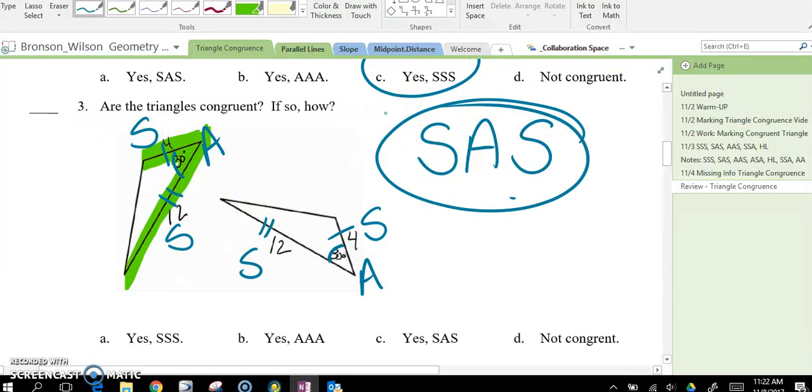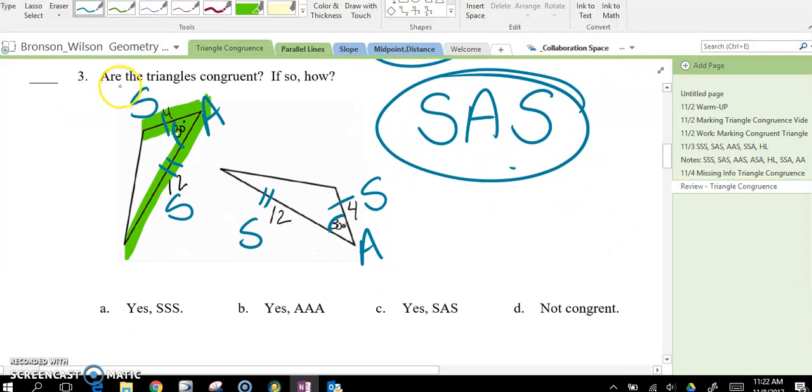All right, so are the triangles congruent? Is my answer A, B, C, or D? C. Yes, they are congruent, and they are congruent by side, angle, side postulate.